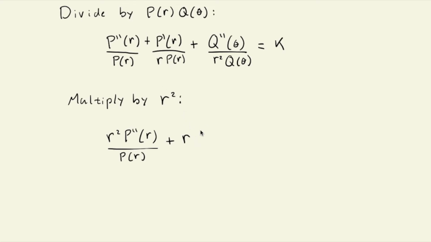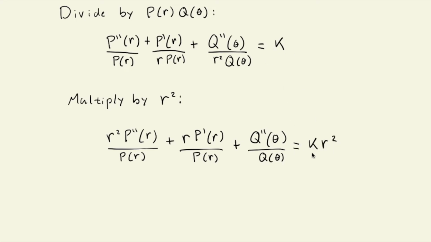We get r p prime over p. Multiplying by r squared here will just leave us with q prime prime over q. And don't forget the right side, k turns into k r squared.